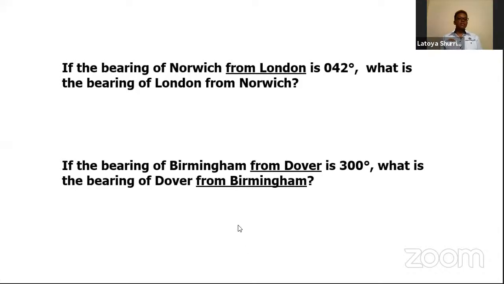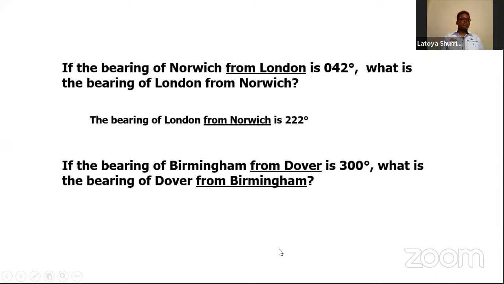All right, let's see what's happening. So the bearing of London from Norwich is actually 222 degrees, and we would just simply add, as I'm seeing Rayan said, 180 degrees to that 42 degrees, using that backward idea we spoke about earlier.